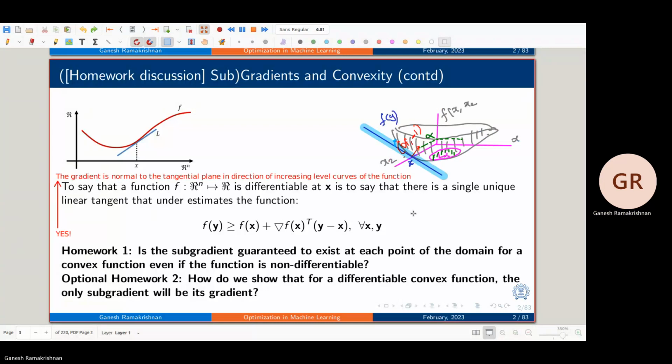And if it's not differentiable, then we'll have a slightly interesting but related property, that the gradient is kind of the normal to the tangential plane in the direction of increasing level curves of the function. So the intuition is that the gradient points in the direction of increasing level curves.